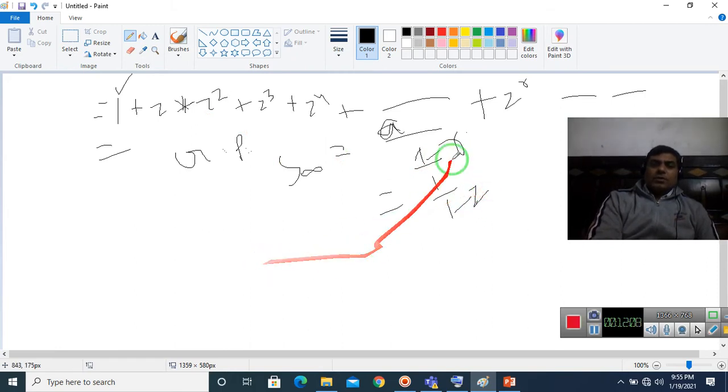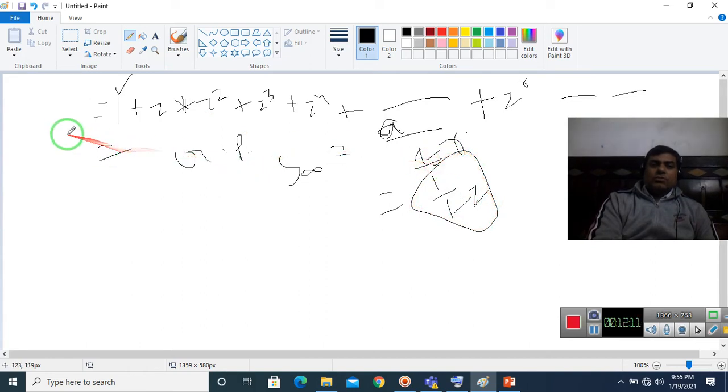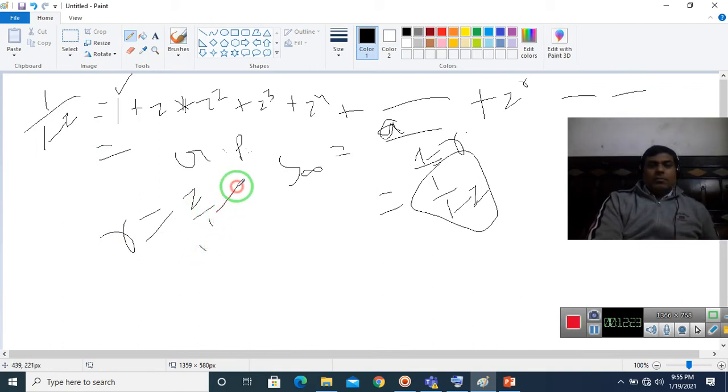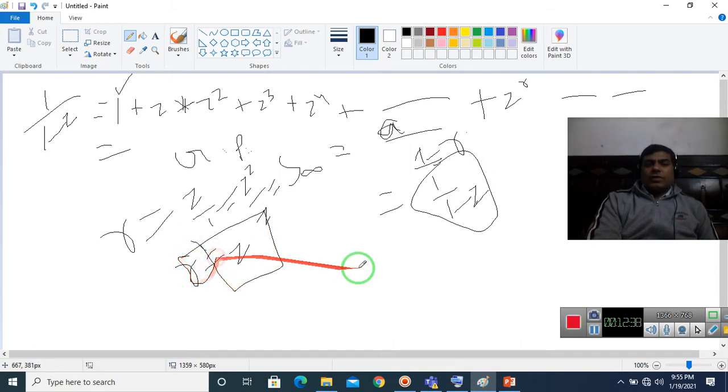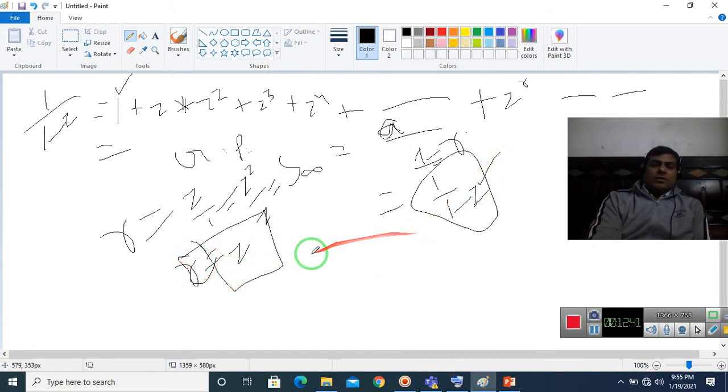So the final answer of this series is 1 upon 1 minus z. If we want to find the value of r, it is the second term upon the first term, the third term upon the second term, so r equals z. So we have put here r equal to z. So the final answer of this series is that.